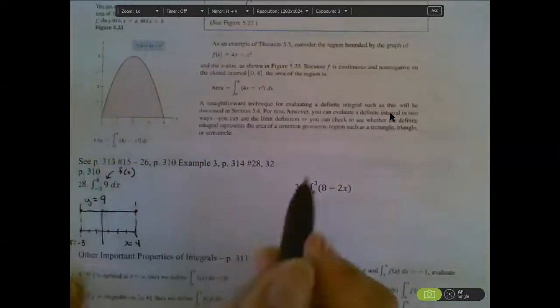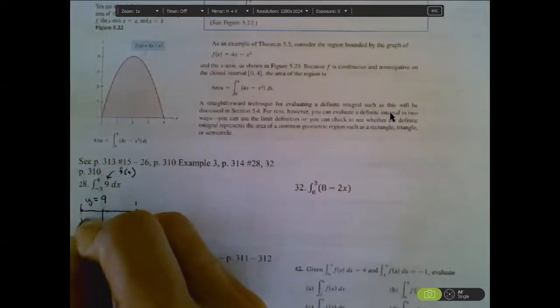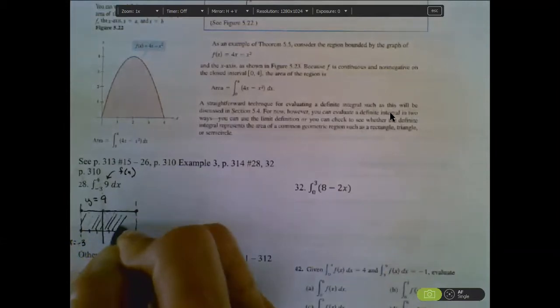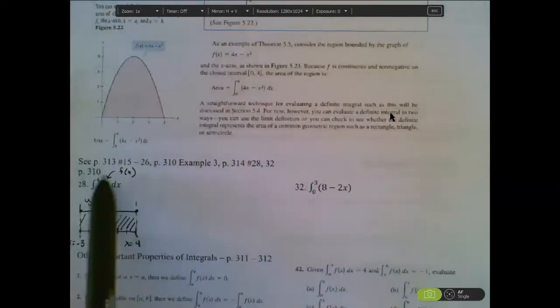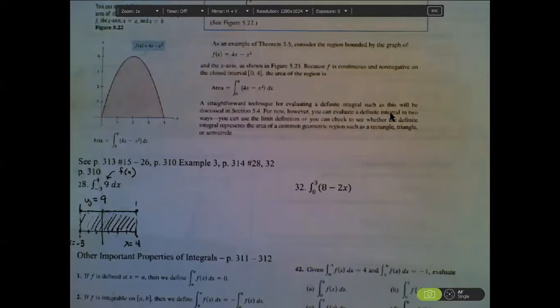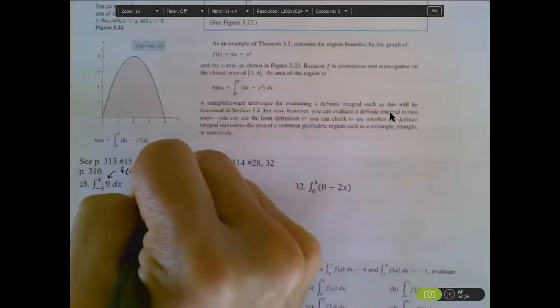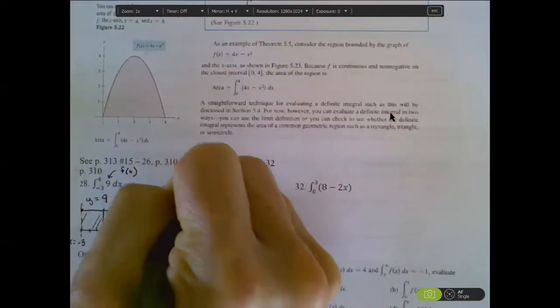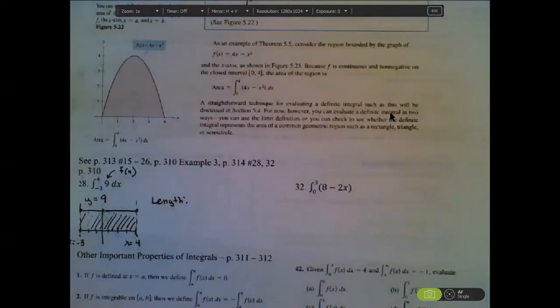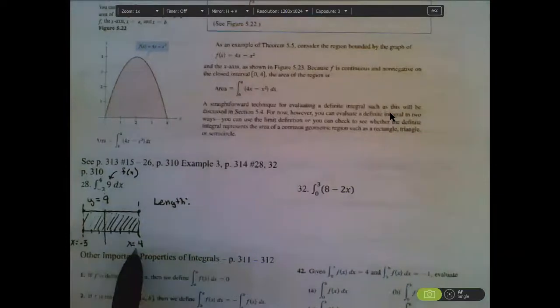And here's the area that that definite integral would represent. So how could I find the area of that rectangle? What's the length of that rectangle? Yeah, from -3 to 4 is 7 units.